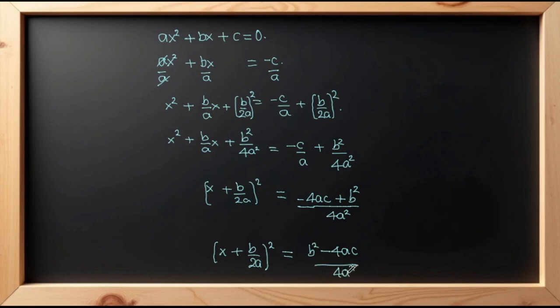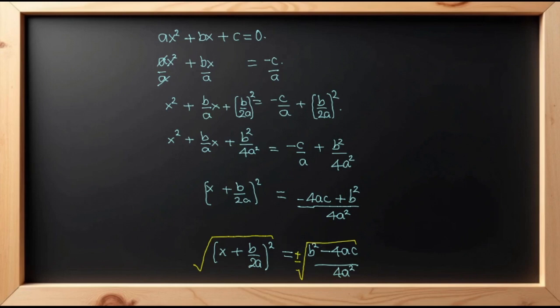over 4a squared. Now we need to take the square root on both sides. From the left hand side we have the root of the whole of this, and on the right hand side we also have the root of this, and remember the roots will be either positive or negative.